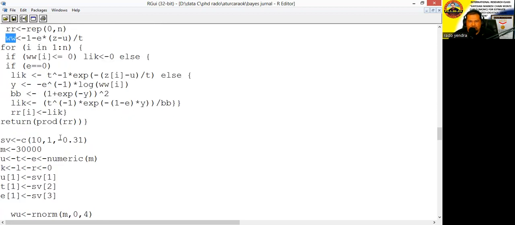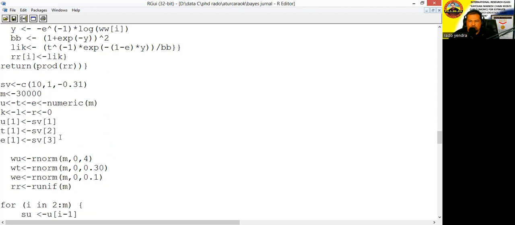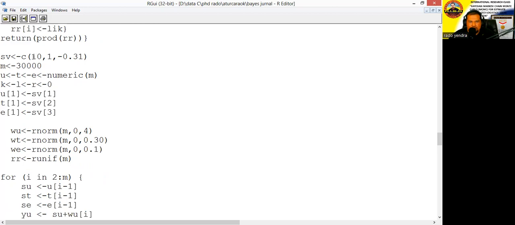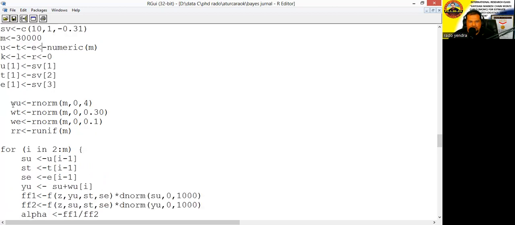And then we use the same program for Markov chain Monte Carlo. We use the same initial value and we use a burn-in of 30,000. Of course, we will get the results for parameters U, T, and E. And then we have the omega U, which you remember is normal with parameters 0 and 4.